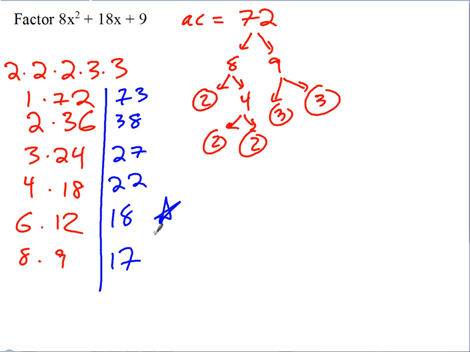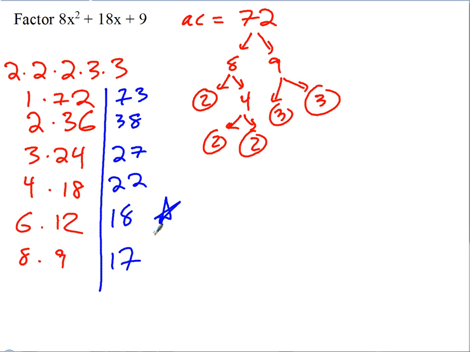Now how could that be useful to us? Well, here's how that might be useful. If we know that we want numbers that add to 18, and we're making this list of factors of 72, and we're getting these really big sums, then that tells us we've got to find numbers that are closer together, because these numbers are too far apart. They're adding up to stuff that's too big. So we need to move down the list a little bit.